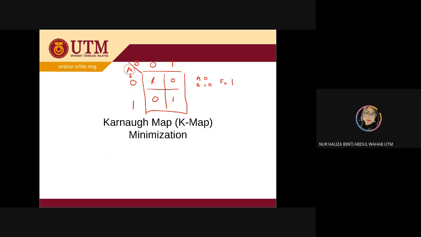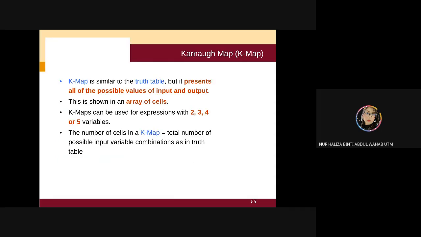If A is 1, B is 1, your output is 1. So this is basically an example of KMAPs. But it's okay, we're going to look into others. Please read these things. I give you another example because it's already mentioned.